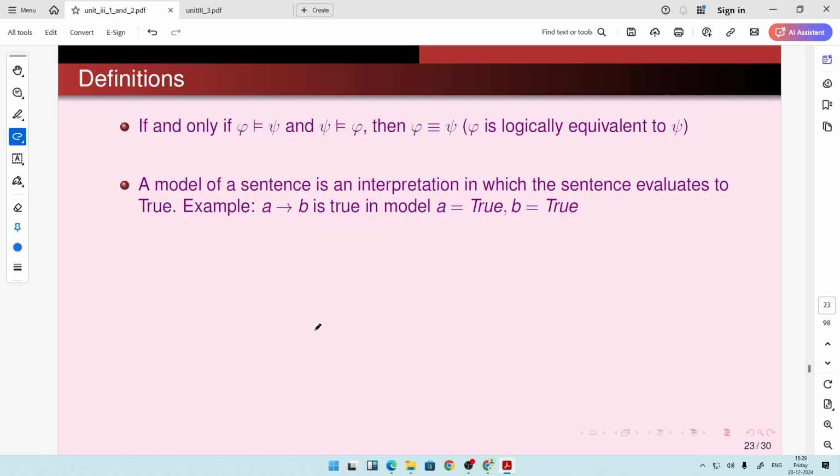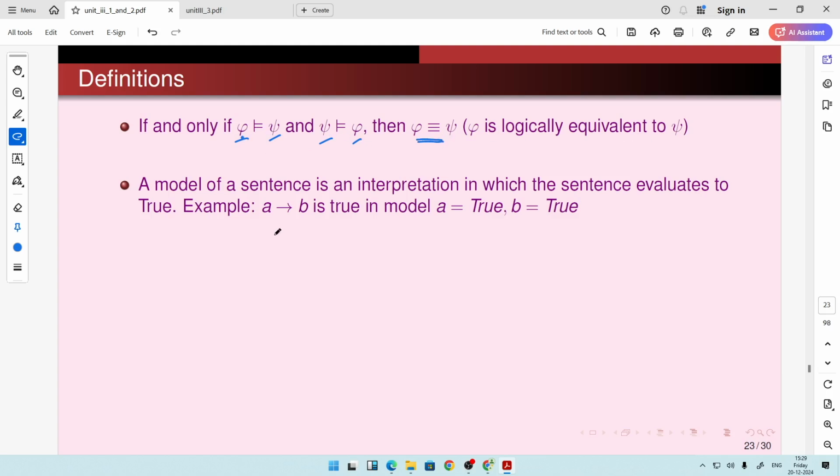Now, there are some definitions before we get into the reasoning. Say there are two formulas, where phi is a propositional formula and psi is also a propositional logic formula, and the same thing goes for predicate logic. If phi entails psi and psi entails phi, then we can write that both are logically equivalent.